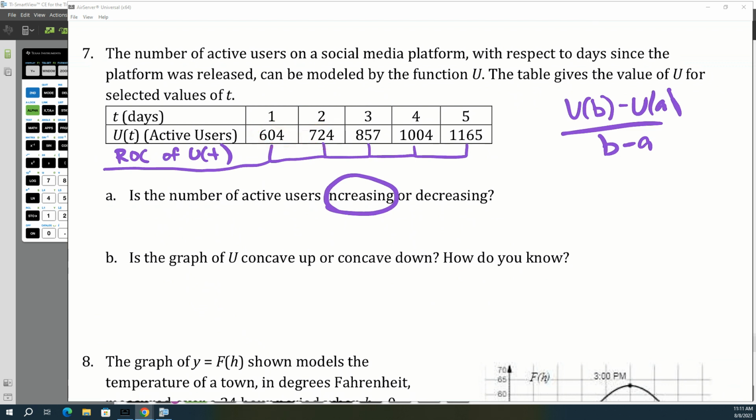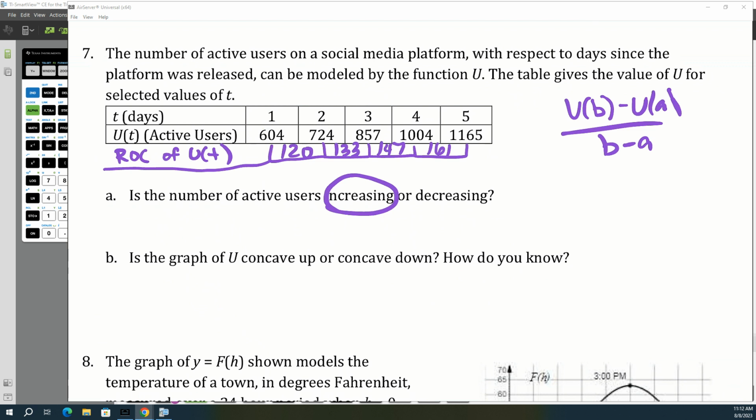So take a u value and subtract the previous value. That's going to be 120. And then same thing, that's going to be 133, 147, and 161. So I'm doing the slope formula, but I know my denominator is going to be 1 every time, so I'm just doing it fast.